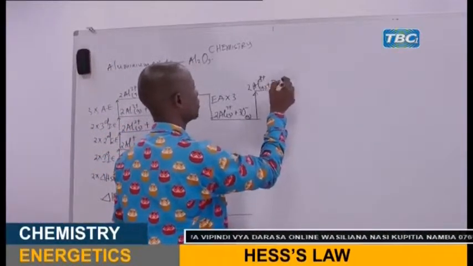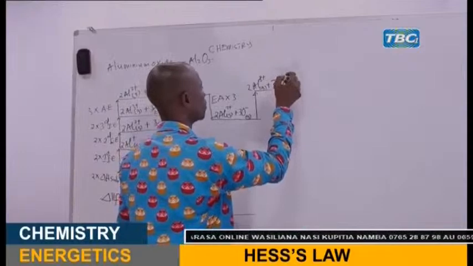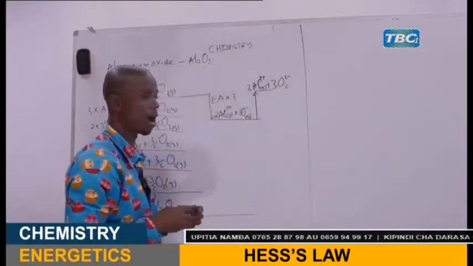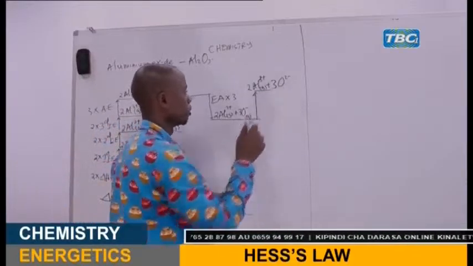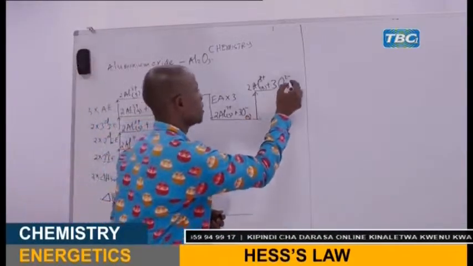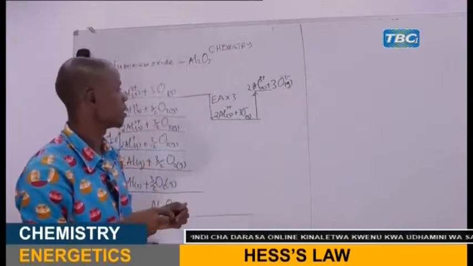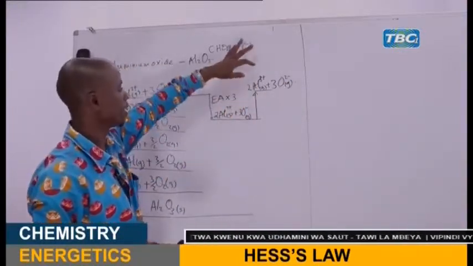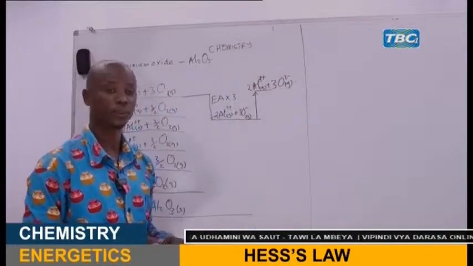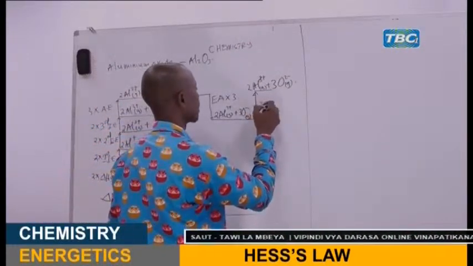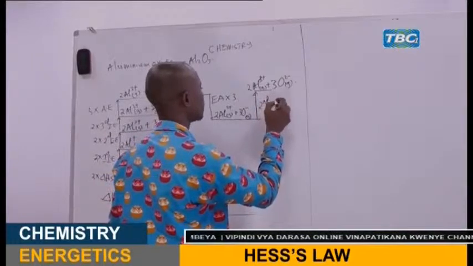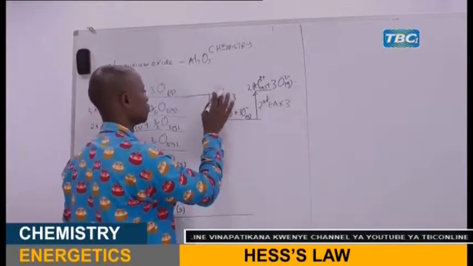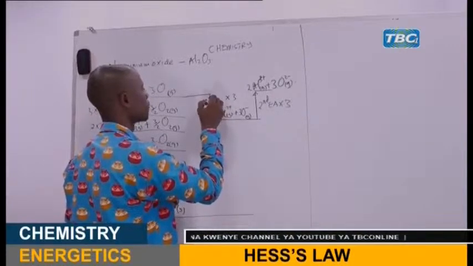Here you have 3 oxide ion. Sorry. So this is an ion. Now from there we have already the cation and the anion. And this is the second electron affinity. You multiply by 3 because there are 3.